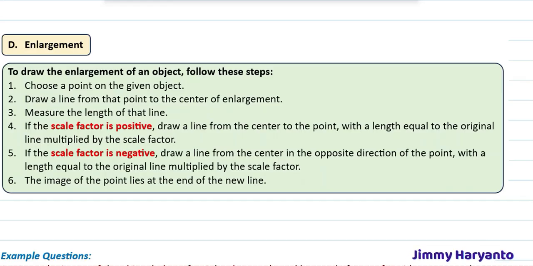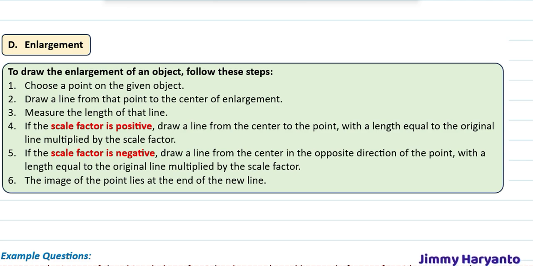Next is enlargement. To draw the enlargement of an object, you also have to follow steps. First, choose a point on the given object and then draw a line from that point to the center of enlargement, and then measure the length of that line, and then you have to multiply the length of that line by the scale factor.